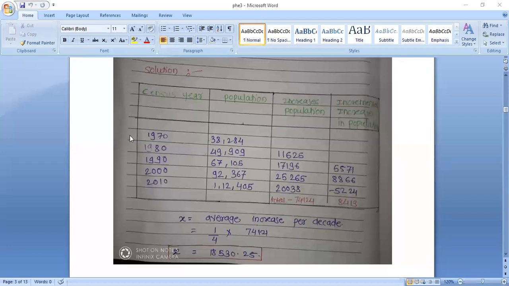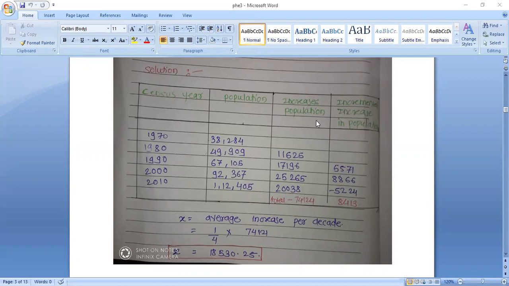Now see the solution. In the solution, the first step is to make 4 columns. The first column is census year, second is population, third is increase in population, and fourth is incremental increase in population. The first 2 columns are given in the problem. Then we have to find the increase in population and incremental increase in population.